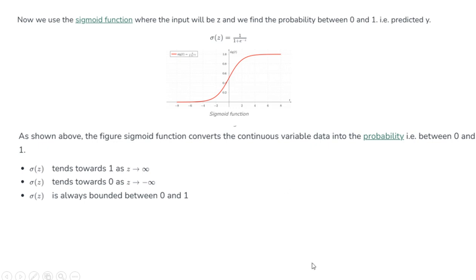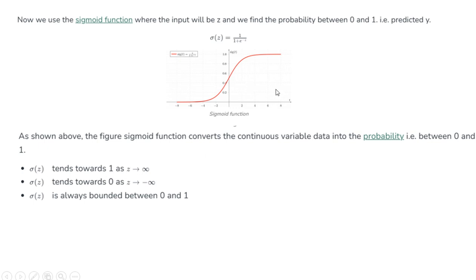As shown in the figure here, the sigmoid function is converting the variable data into a probability. That is what you have to note, right? The sigmoid function is converting the continuous variable data into a probability between 0 and 1. So how does it convert into probability? Sigma of z, the y-axis, tends towards 1 as z tends to infinity.